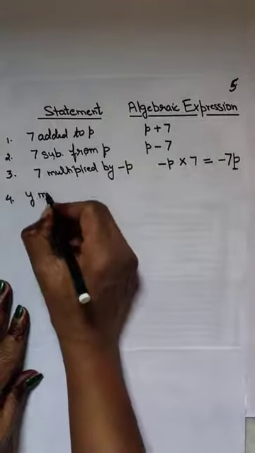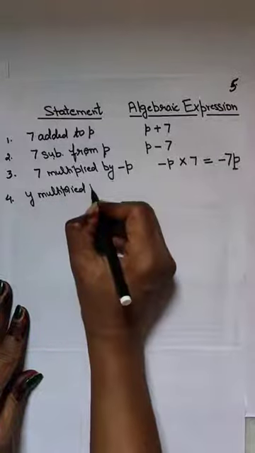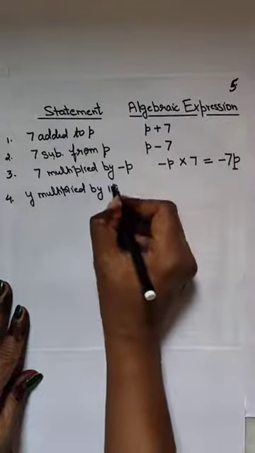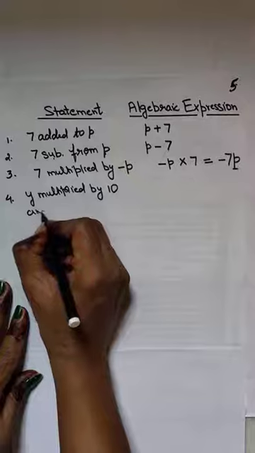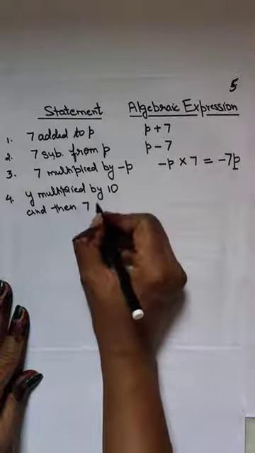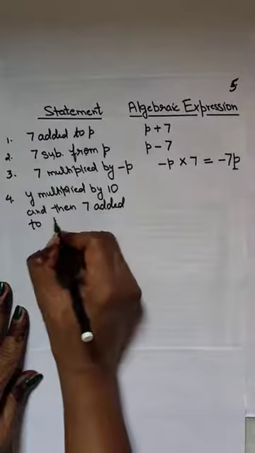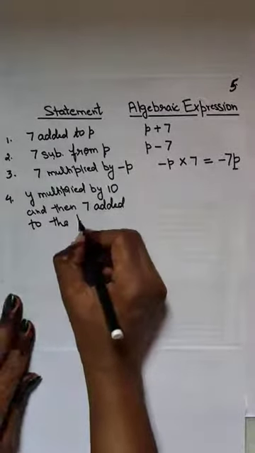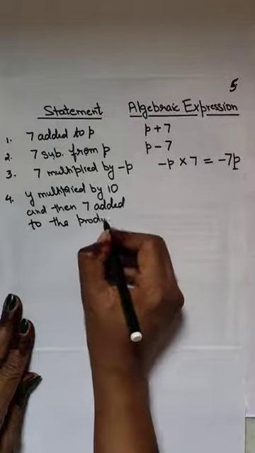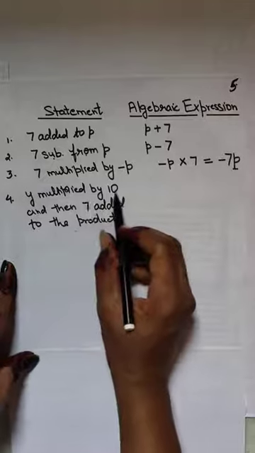Y multiplied by 10 and then 7 added to the product. Y multiplied by 10.